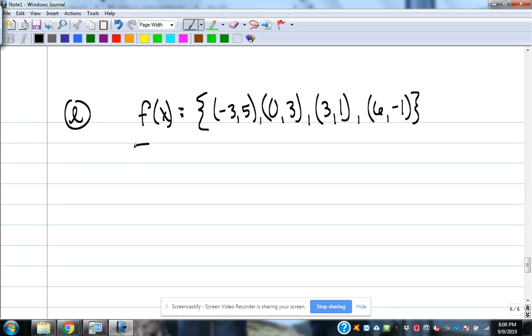If they wanted us to find f of 3, what does that mean? So find the function where x is 3, right? Where is x 3 at? That one right there, right? 3, 1. So the answer to f of 3 is 1.